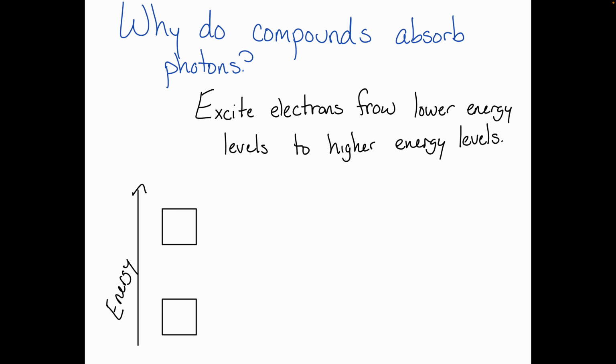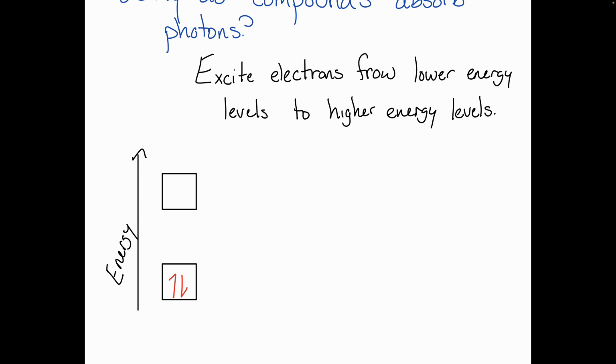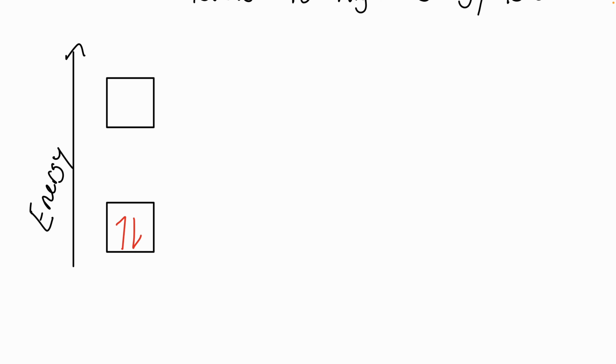So we have these energy levels and we have these orbitals here. All right, and in this lower one, we're going to put a pair of electrons. So this lower energy level has a pair of electrons in it. The other one is empty, just an empty orbital.